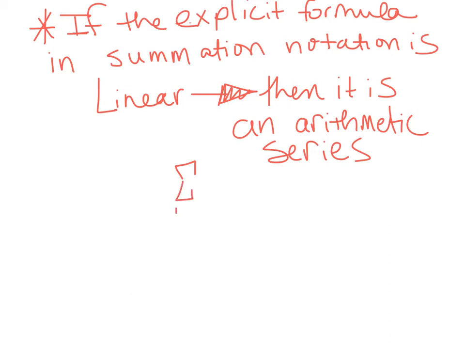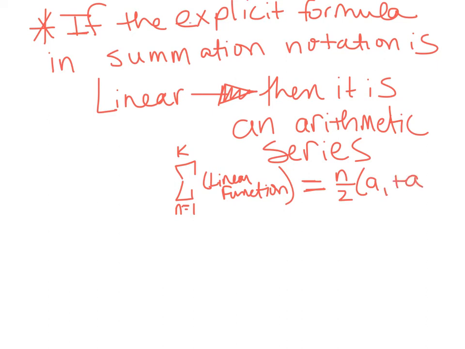So you see the summation between 1 and k of some linear function. Well, instead of expanding it out, you're going to just use the sum formula, the n over 2 of a1 plus an.